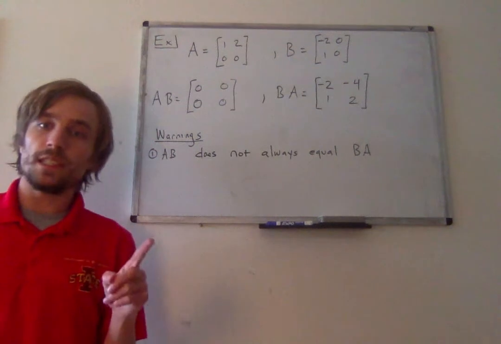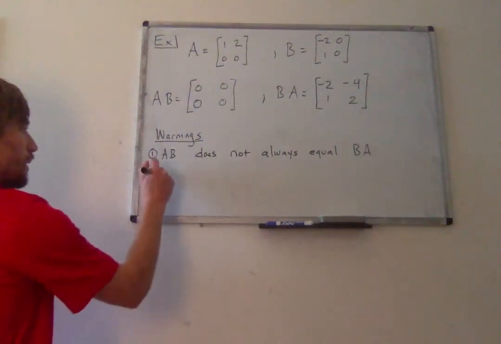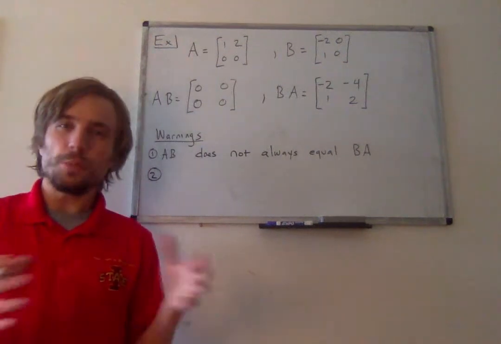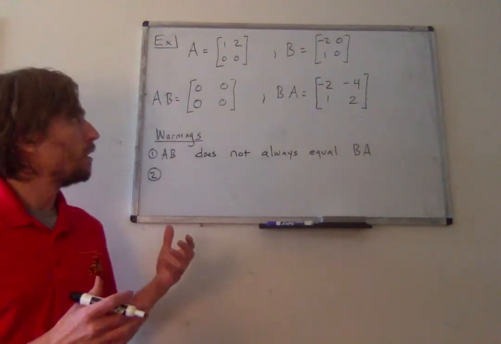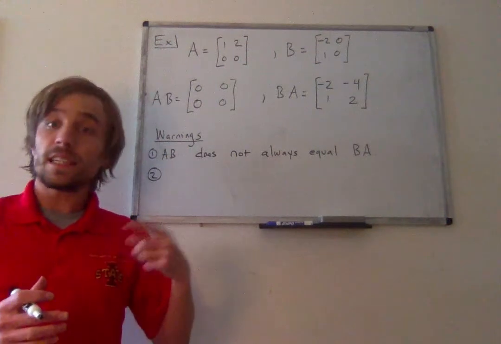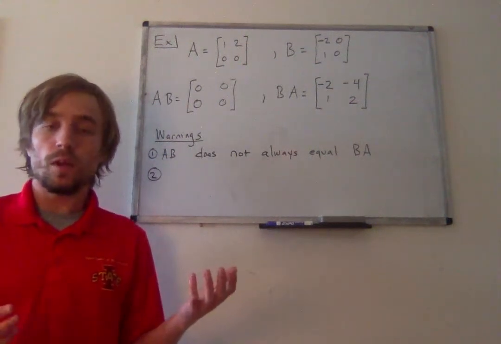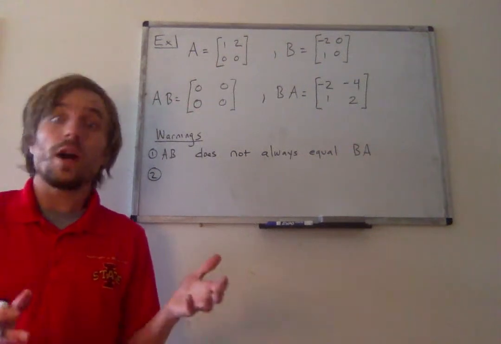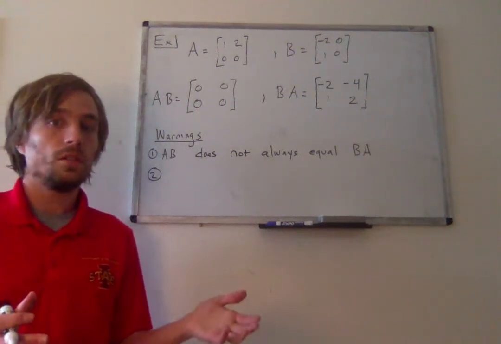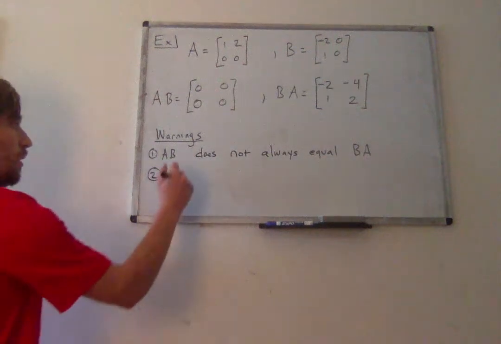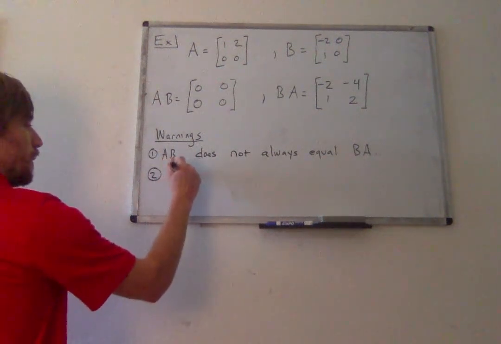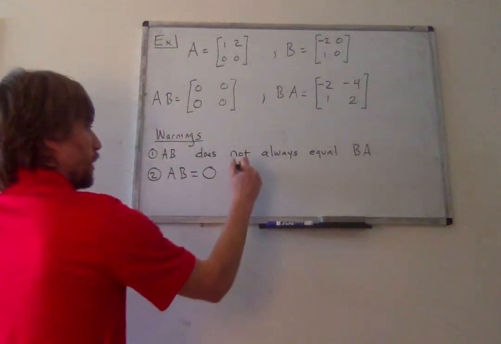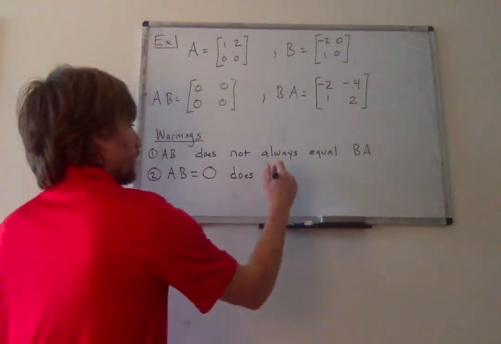I actually chose this example because there's another interesting property. With all of the other types of multiplying things we've ever defined, let's say x times y is equal to 0, and x and y are just numbers. Well, if x times y is equal to 0, then you always know either x or y has to be 0. But notice here, A times B is equal to 0, right? But neither A nor B is 0.